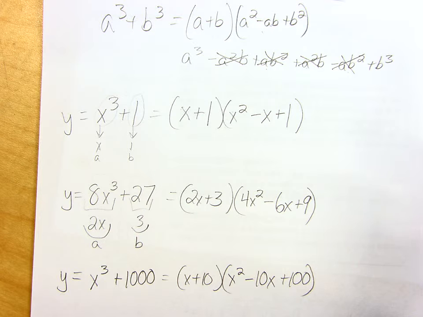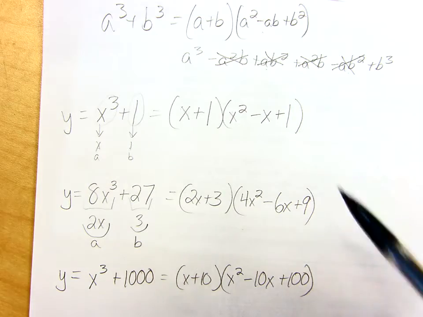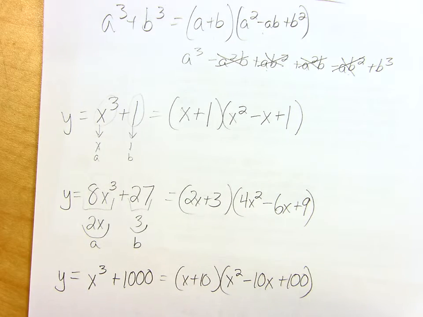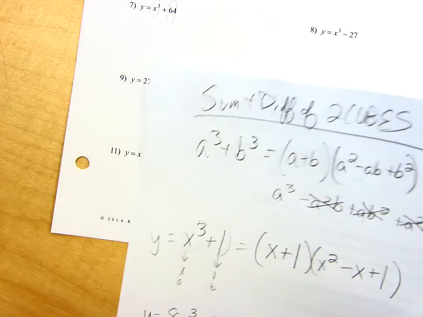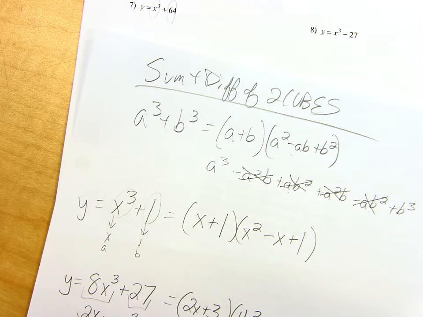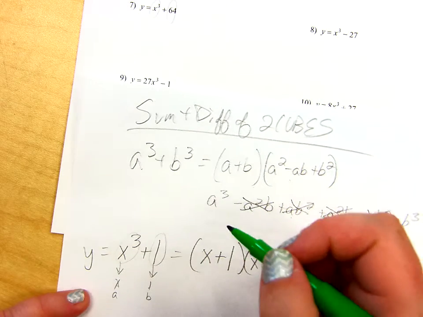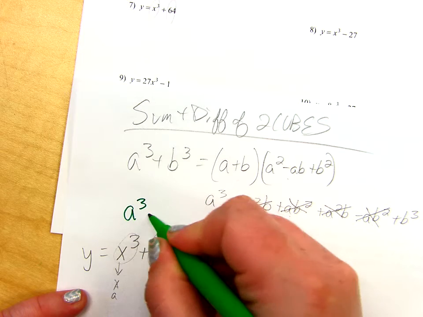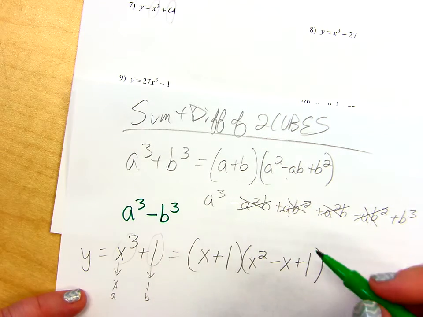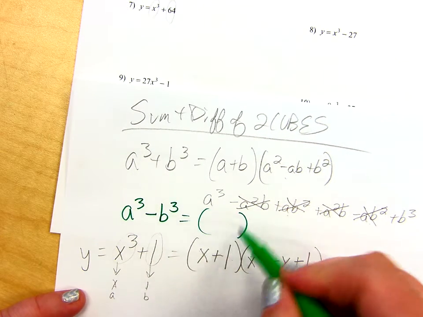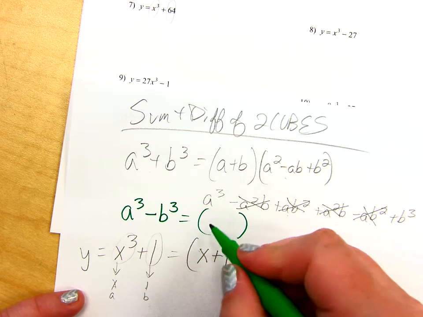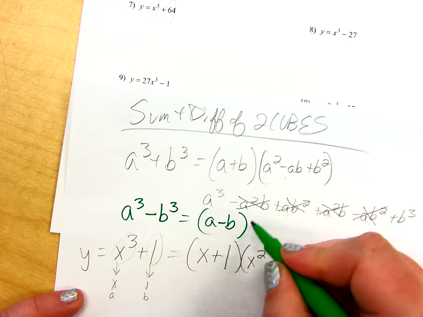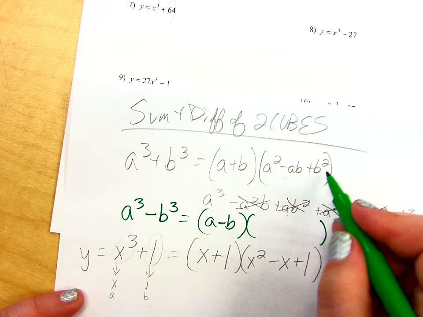Now, the difference of two cubes is almost the exact same pattern. There's just a tiny little change that you need to make. I'll do it in a different color. Let me grab this green. So if you had the difference of two cubes, say a cubed minus b cubed, instead of having a plus b, now it's a minus b. And then this is weird because all of these are pluses.